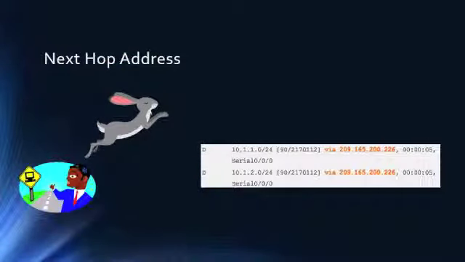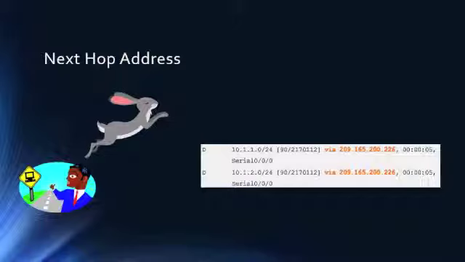A next hop is the address of the device that will process the packet next. For a host on a network, the address of the default gateway is the next hop of all packets that must be sent to another network. In the routing table of a router, each route to a remote network lists a next hop. When a packet destined for a remote network arrives at the router, it matches the destination network to a route in the routing table.